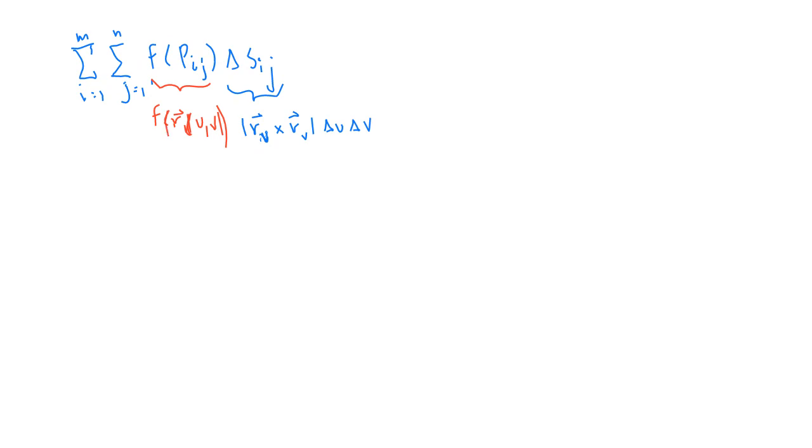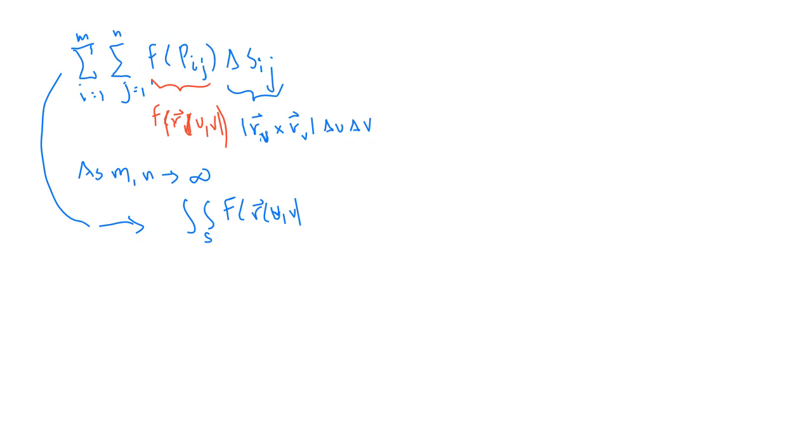So when you take the limit as m and n both go to infinity, this will approach a double integral over some region S where your function of u and v is here.